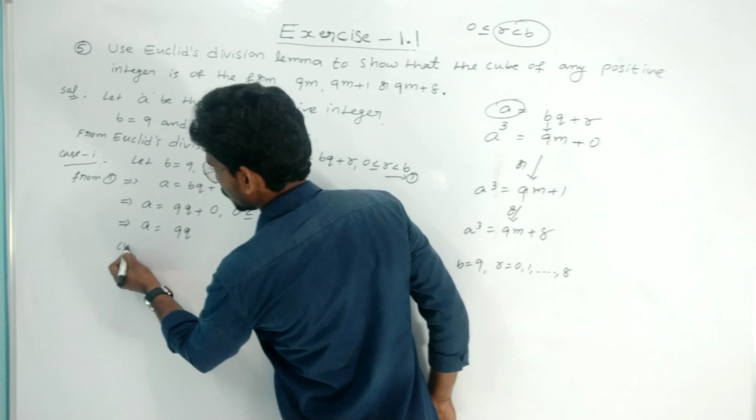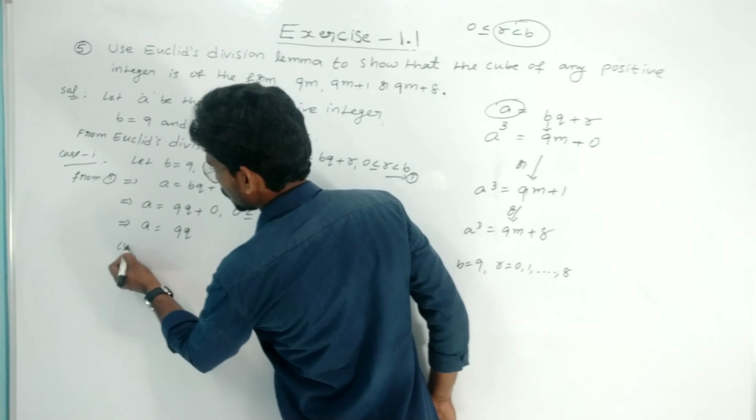So 9 81s are 729, q cube, where a cube is equal to 9 into 81 q cube. Let 81 q cube be equal to m. Now, give it the equation number 2, where a cube is equal to 9m, where a means any positive integer, cube means the cube of every positive integer is of the form 9m.